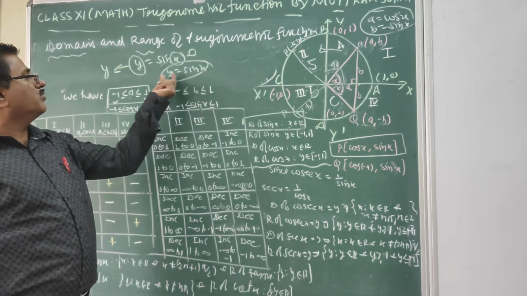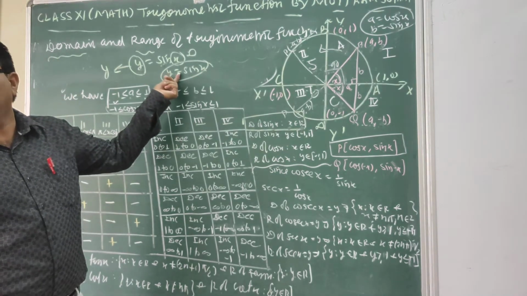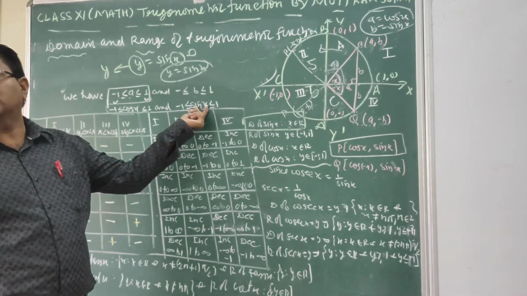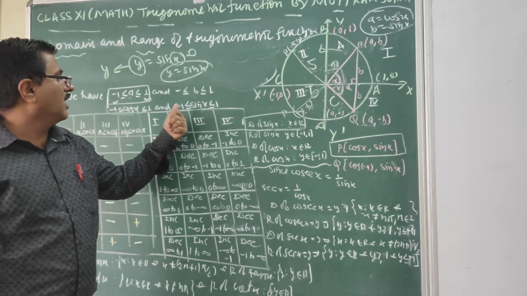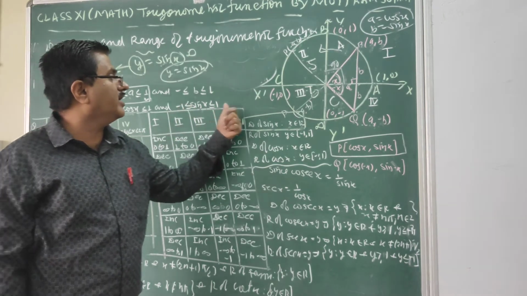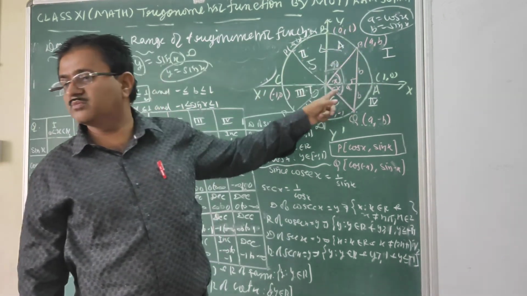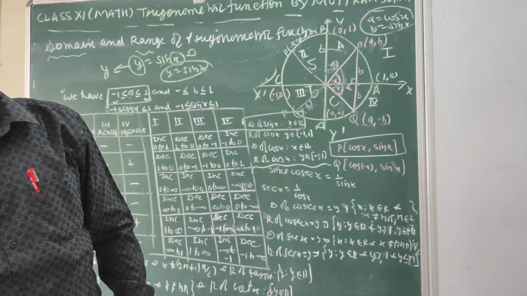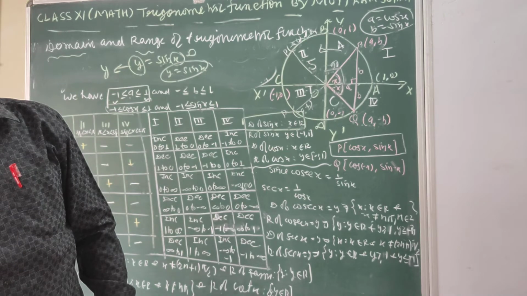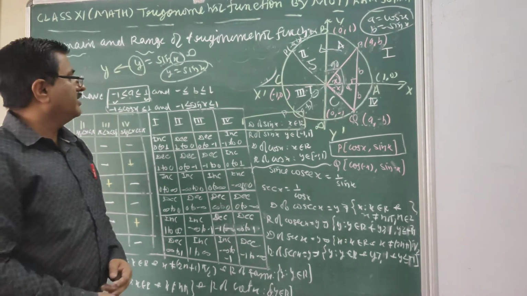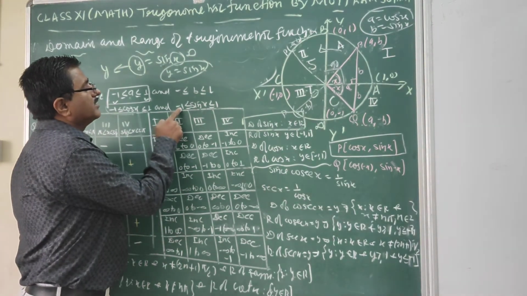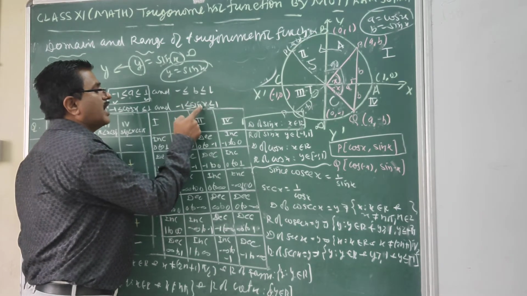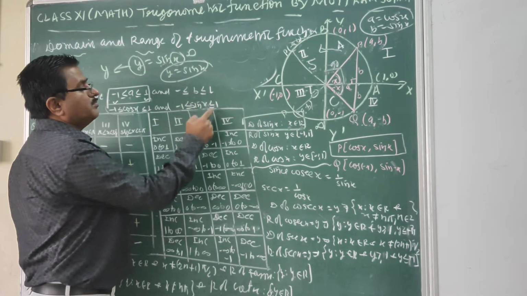What values of y are possible? We have already seen that the value of y or sin x always lies between -1 and +1. So the range of sin x is -1 to +1.